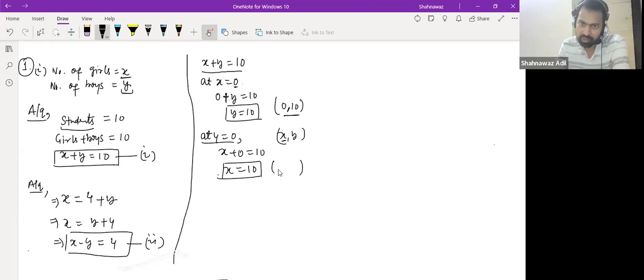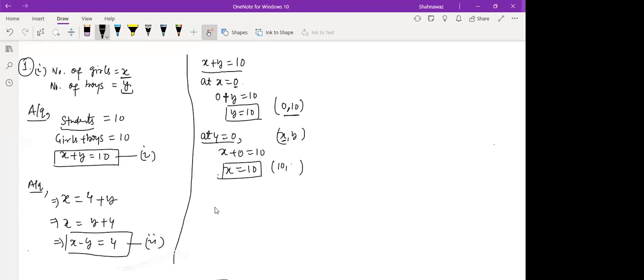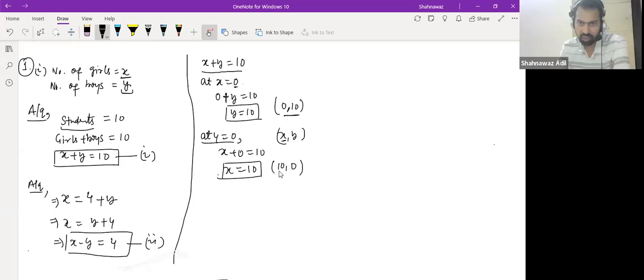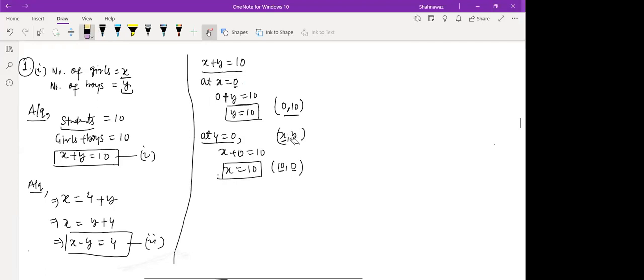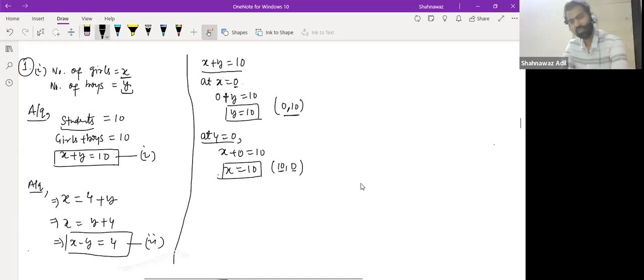So X is 10 and Y is 0, so the point is 10, comma 0. So we have now calculated 2 points.